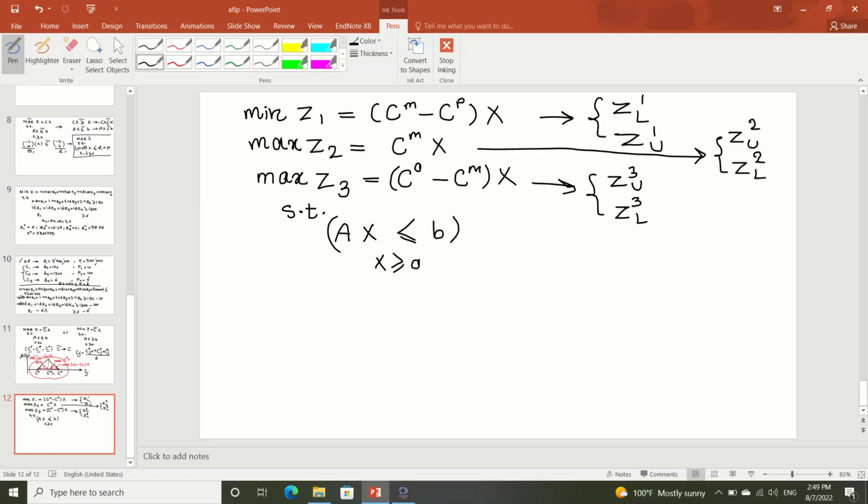You can formulate these objectives according to Z upper and Z lower by considering the lambda or membership function. Okay. I say again the structure for Z1, Z2 and Z3.